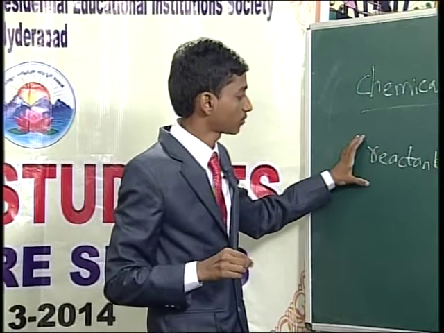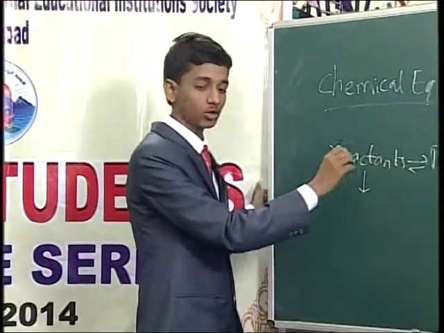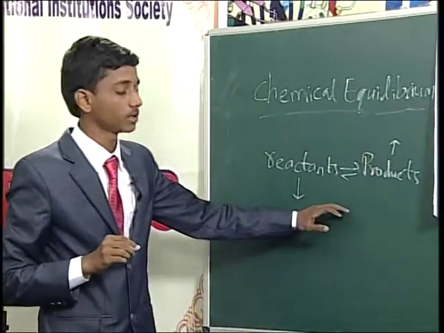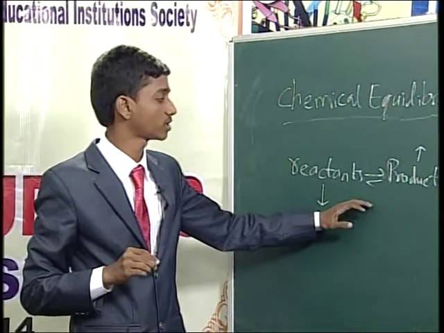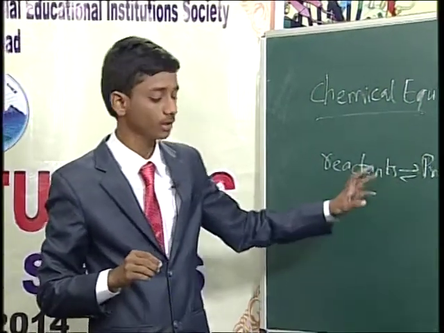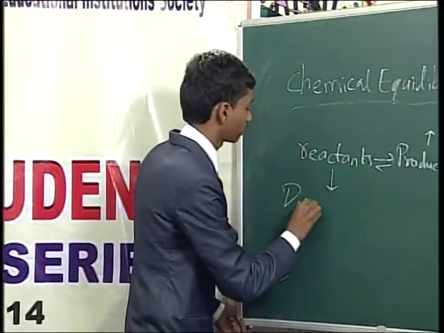The concentration of the reactants goes on decreasing, and the concentration of the products goes on increasing. At the equilibrium state, they become constant. They don't change their concentration value. It does not increase and it does not decrease either. And this type of equilibrium is known as dynamic equilibrium.